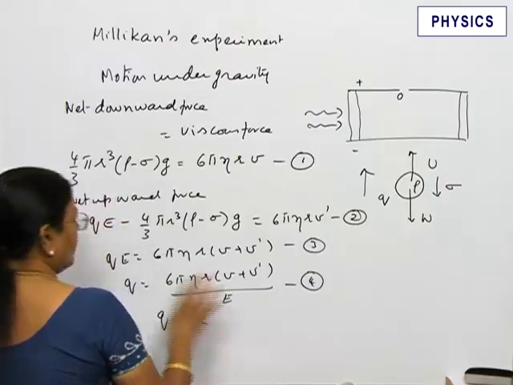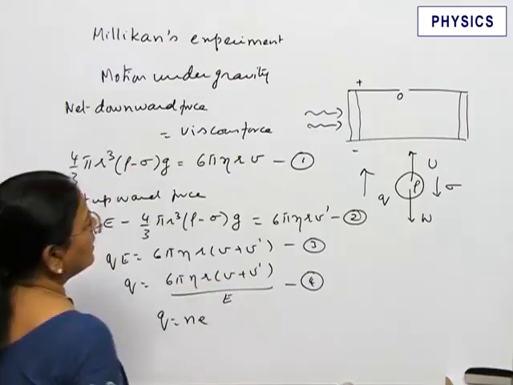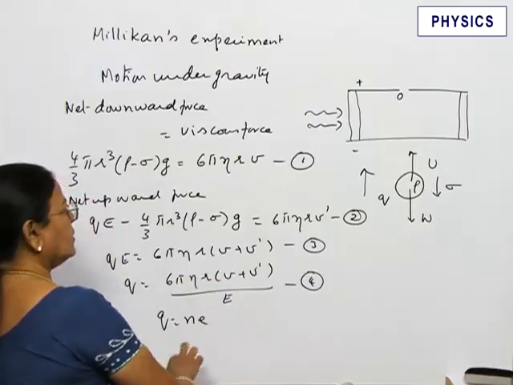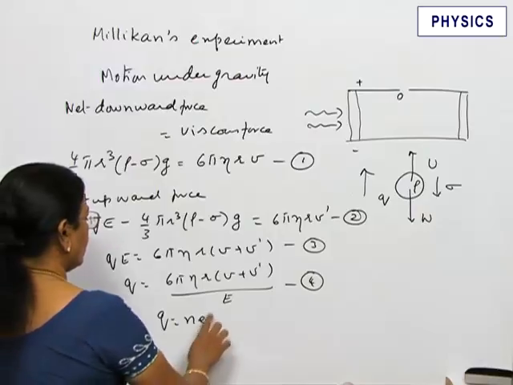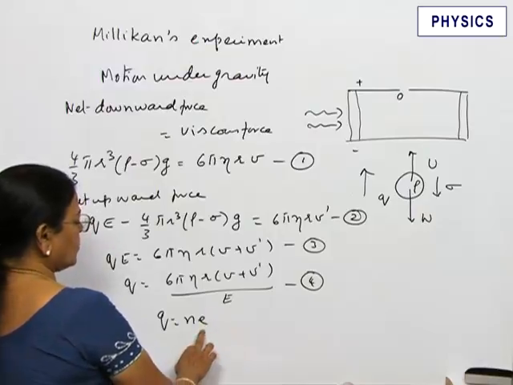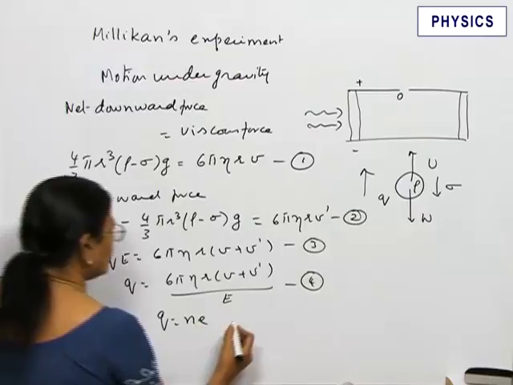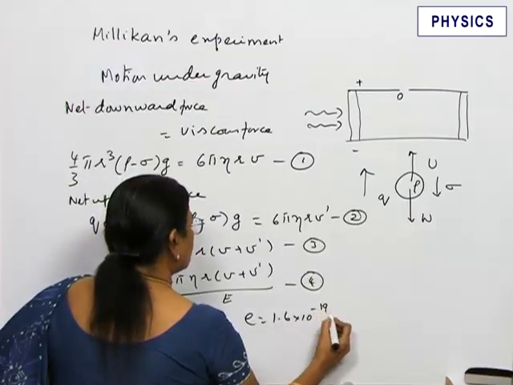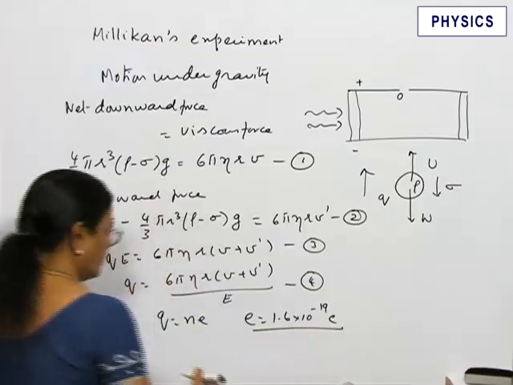Millikan performed the experiment and studied a lot of oil drops, and he found that the charges on the oil drops are integral multiples of a quantity, and he found e to be 1.6 × 10^-19 coulomb, the charge on the electron.